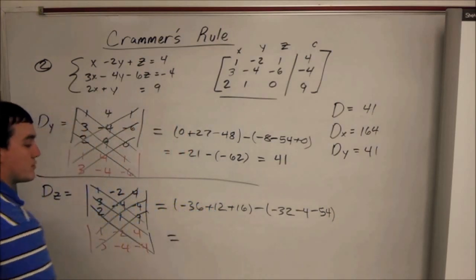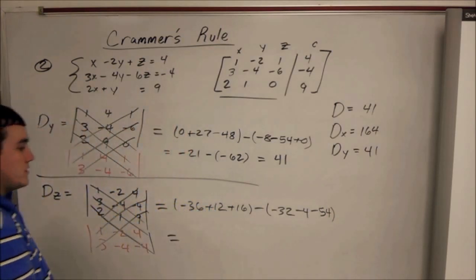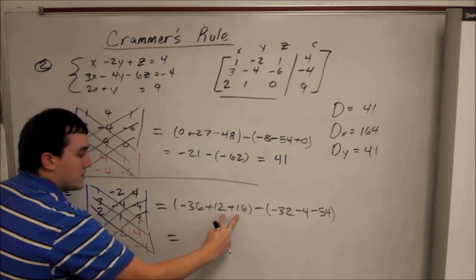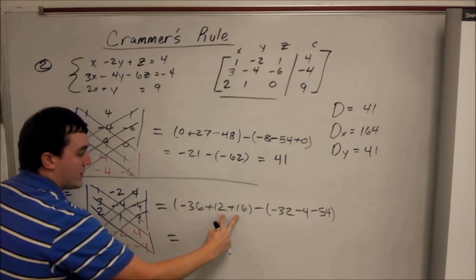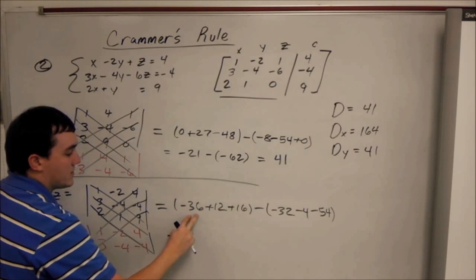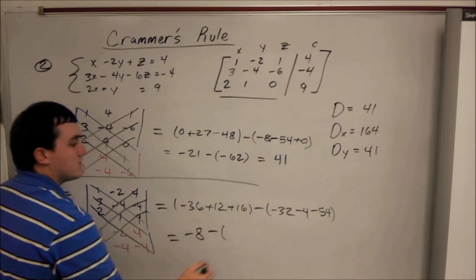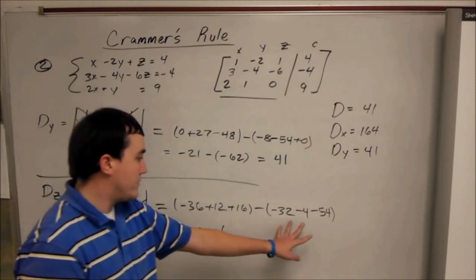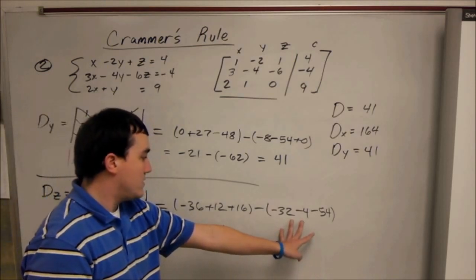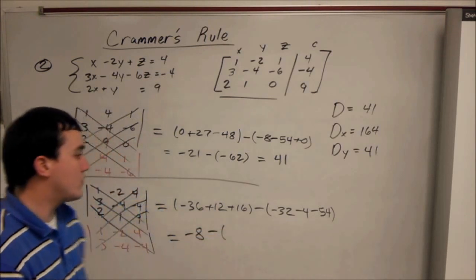Okay, so now we pretty much have our dz. 16 plus 12 is 28. Minus 36, negative 8. Minus, here we have negative 36 minus 54 is negative 90.